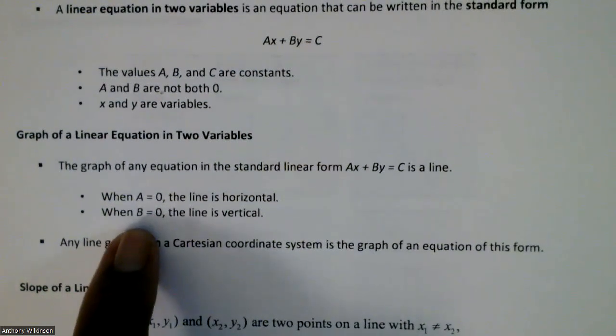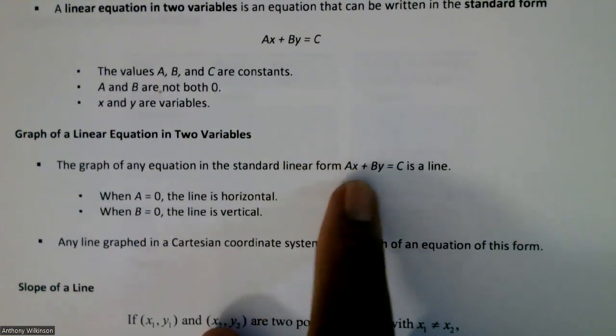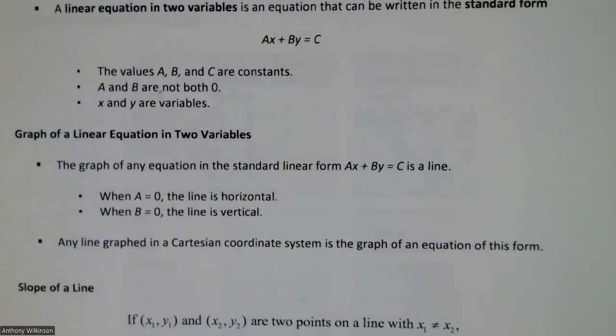Now, when b is equal to 0, that means this term will be gone. You'll be left with ax equals c. That means x is equal to c divided by a, which is a constant. That means you're going to have a vertical line, x equal to some constant. And any line graphed in the Cartesian coordinate system is the graph of an equation of that form.